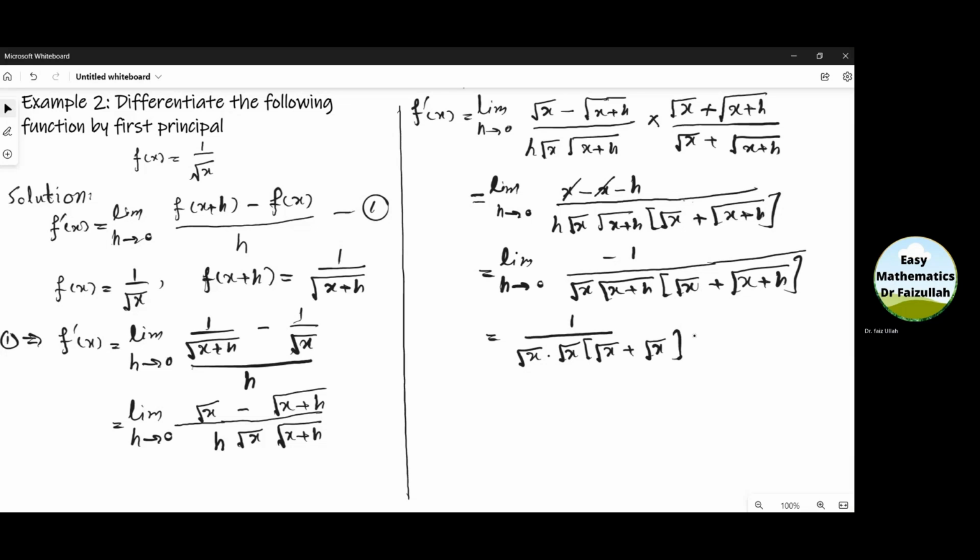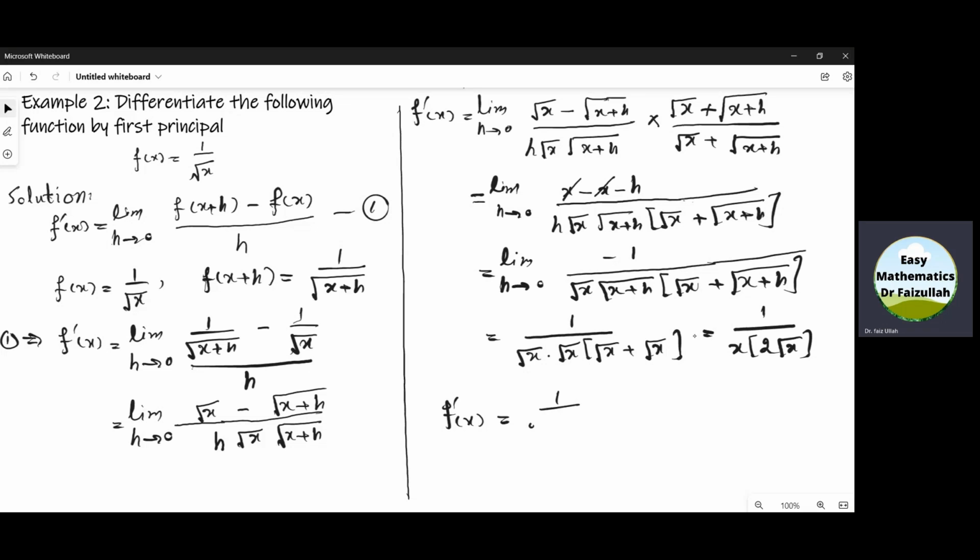Now from this we can get 1 over under the root x under the root x, from this we get x, and from that one we have 2 under the root x. So if we further simplify, we get f dash of x is equal to minus 1 over 2 x under the root x, and that is the required solution.